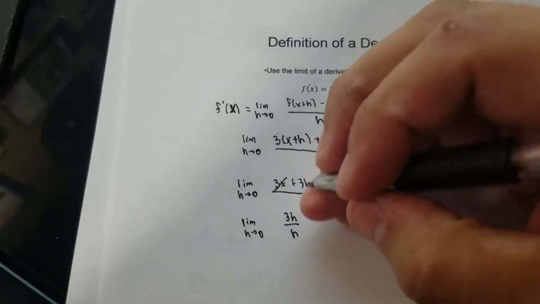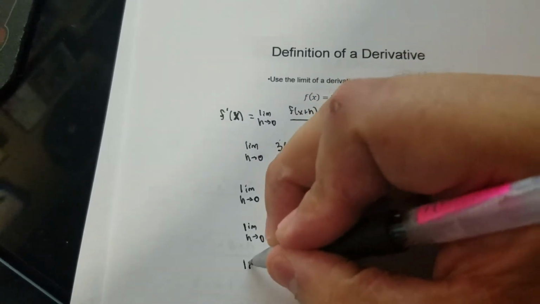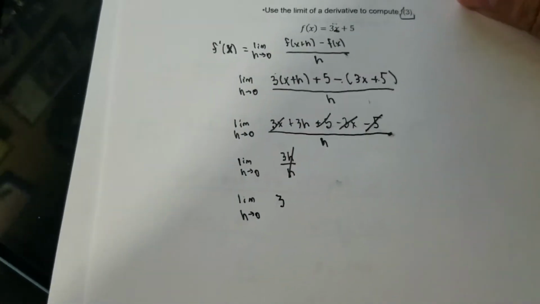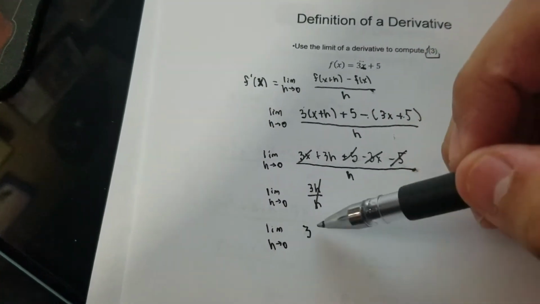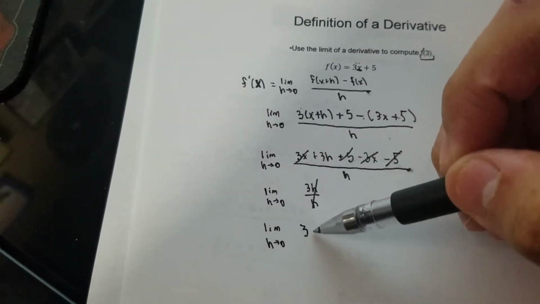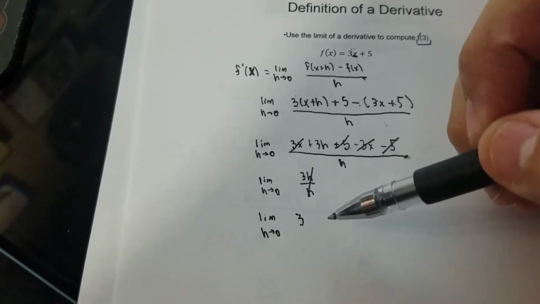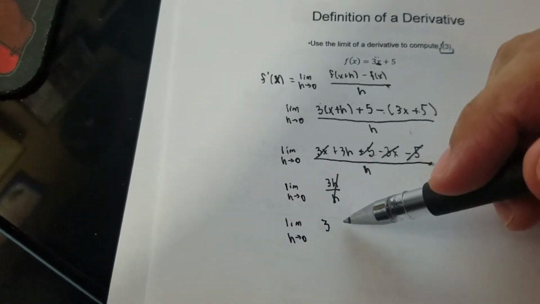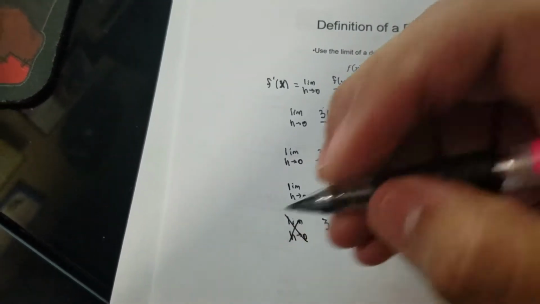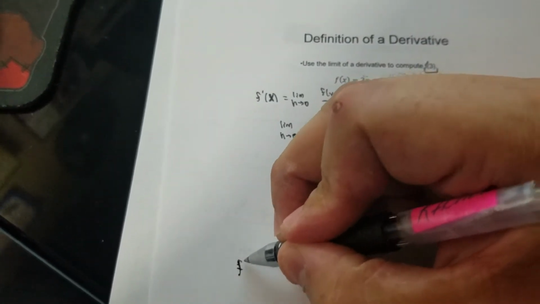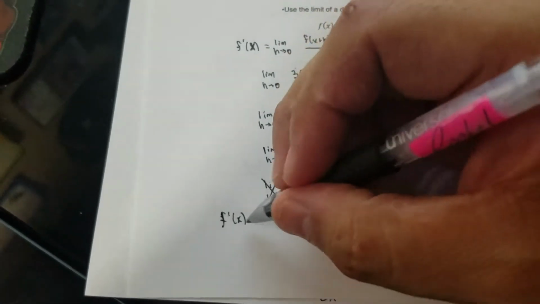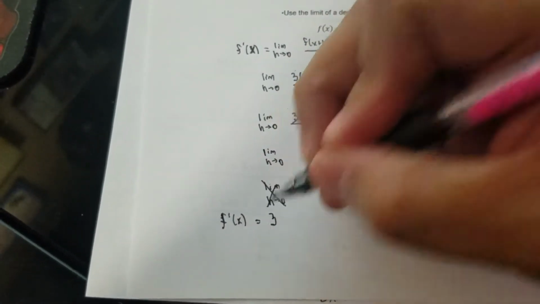And I can see that the h's cancel here. If I saw any more h's, like if this had another h behind it, if I hadn't canceled them already, I would plug in the 0 for the h. But I don't see that here, so I can get rid of this now. So my derivative, my f prime of x, is just equal to 3.